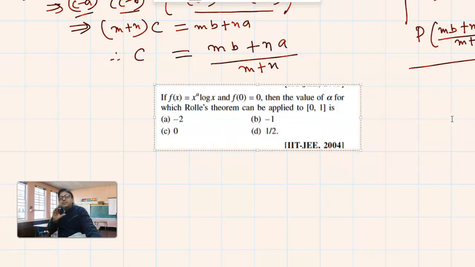Just before you solve this MCQ, a little bit of insight is required. Can alpha be negative ever? The first two possibilities we can remove in the beginning. It can never be negative. Why?